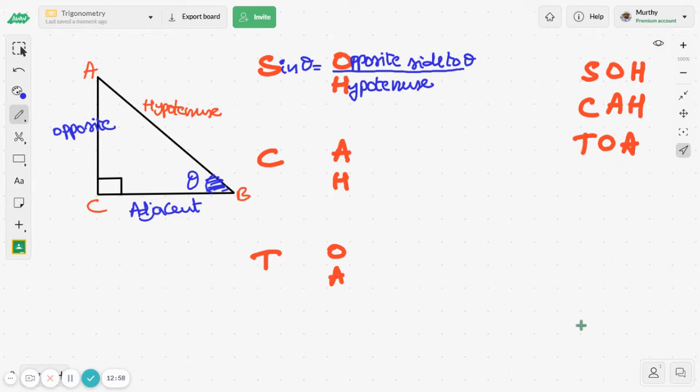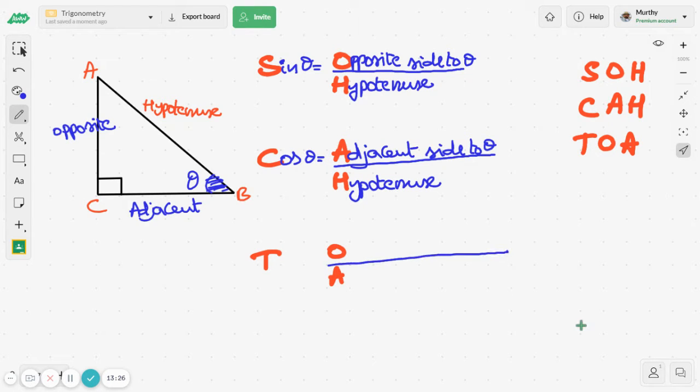Next, coming to CAH. The first letter is C, that represents cos theta, and in the fraction, the numerator A represents the adjacent side to theta. H indicates hypotenuse.